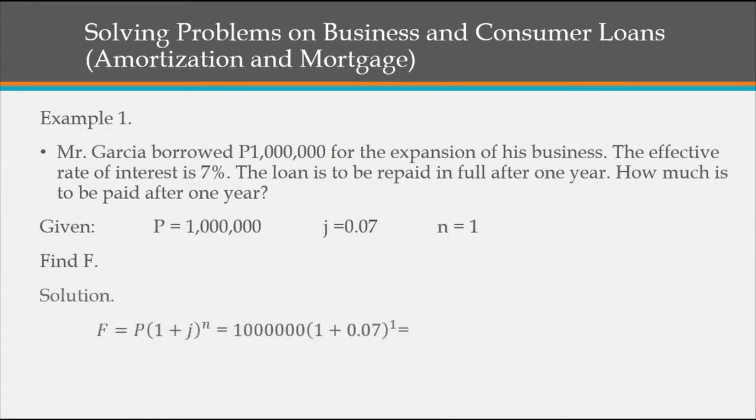So, kuhaan lang natin ang future value or F. So, we use the formula of F equals P times the quantity of 1 plus J raised to N. Then, ang P natin ay 1 million times 1 plus 0.07 yung ating rate of interest raised to 1 kasi yung value of N natin ay 1.